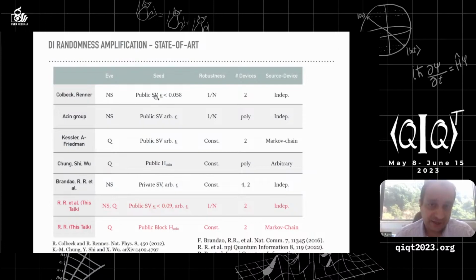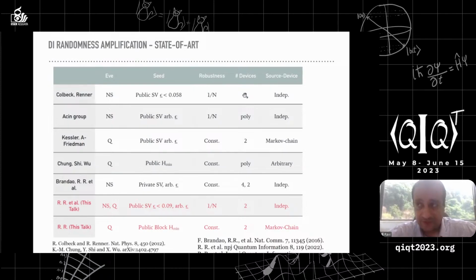The seed that they consider is this Santha-Vazirani source, where each bit has some epsilon amount of randomness. The epsilon was very small. This protocol was not very robust, which means it has vanishing robustness. If there is some noise, the noise goes as 1 over n. Typically, we want a constant rate of noise to have an experimentally feasible protocol.